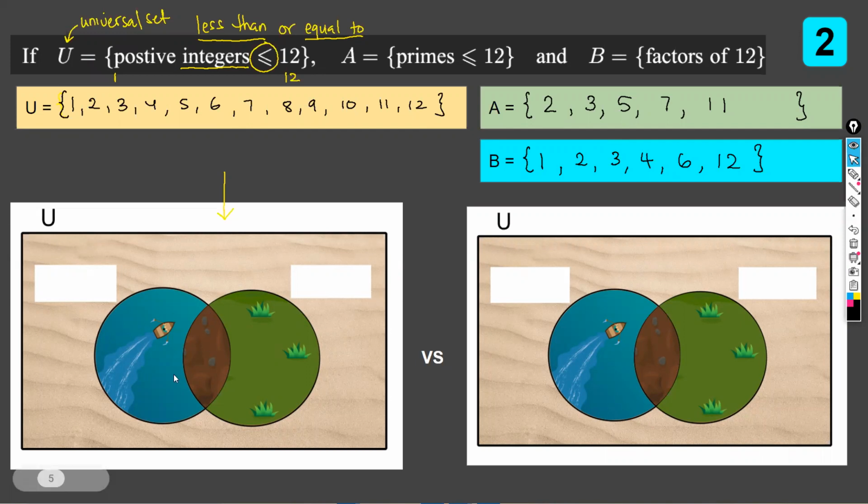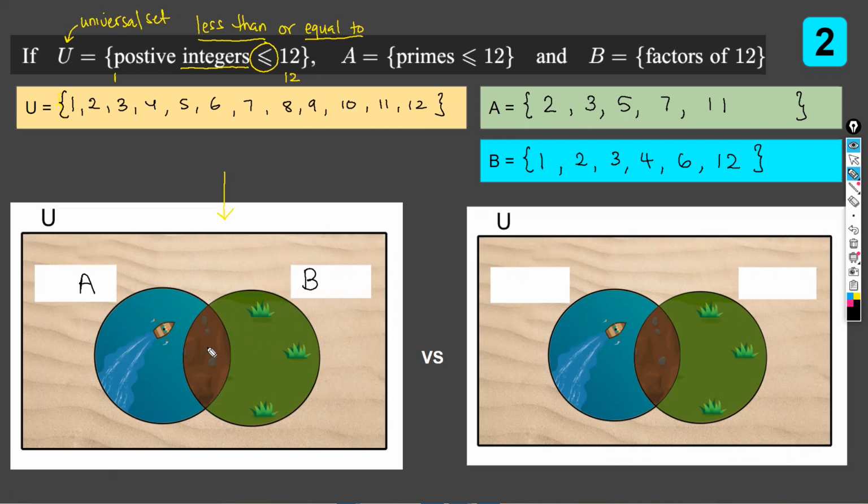The average person would prefer a diagram because diagrams are more visual and it's easier to understand. So let's draw this Venn diagram over here. We're going to call the blue one set A and the green one set B.